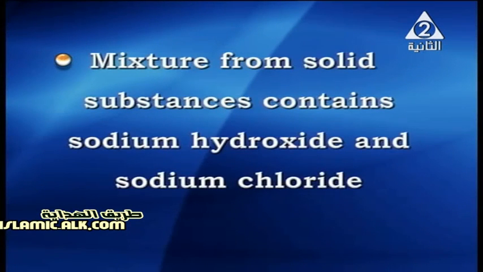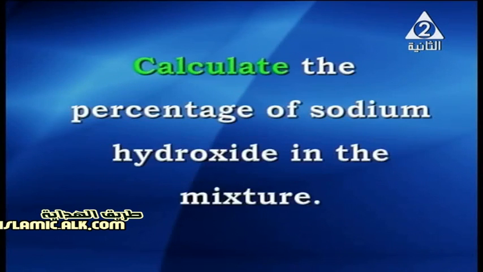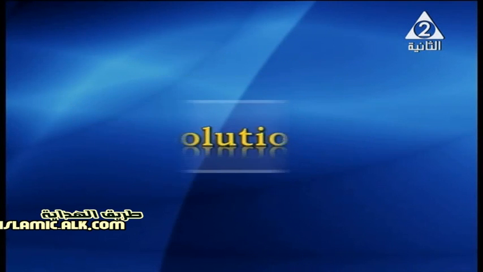Another problem. A mixture of solid substances contains sodium hydroxide and sodium chloride. 0.1 gram from it is titrated by 10 milliliter from 0.1 molar hydrochloric acid. Calculate the percentage of sodium hydroxide in the mixture.